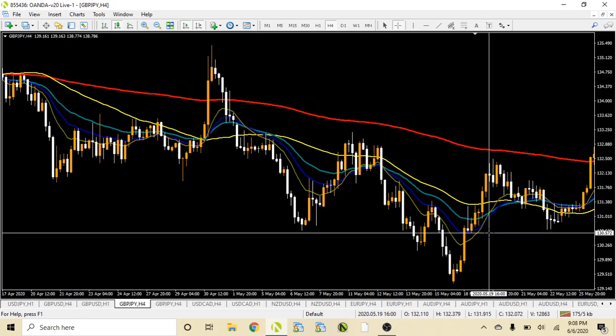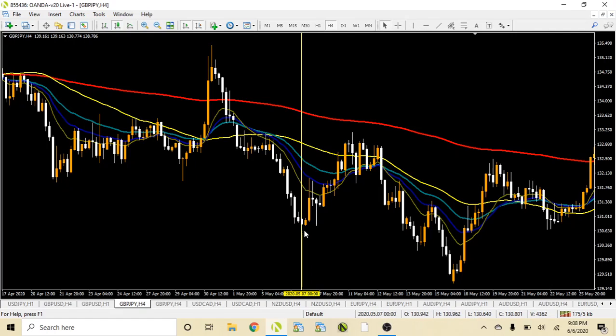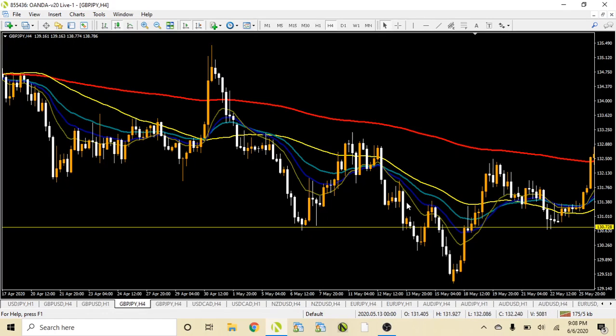Or you can put your stop below this shoulder. Look at this, it's a shoulder also. You can call it head and shoulders, you can call it saucepan, you can get in at the shoulder, even earlier, or here.